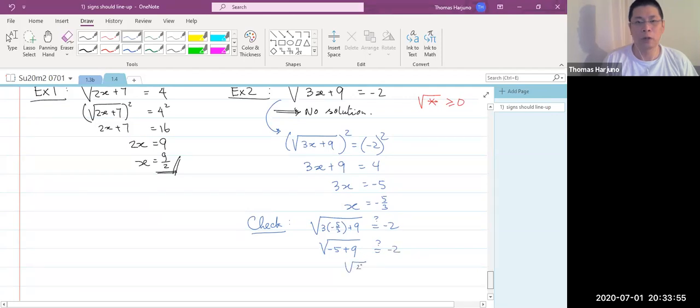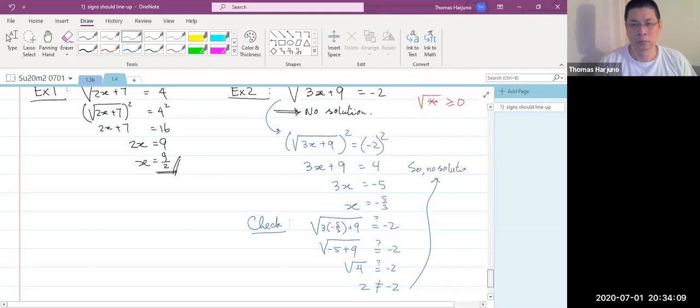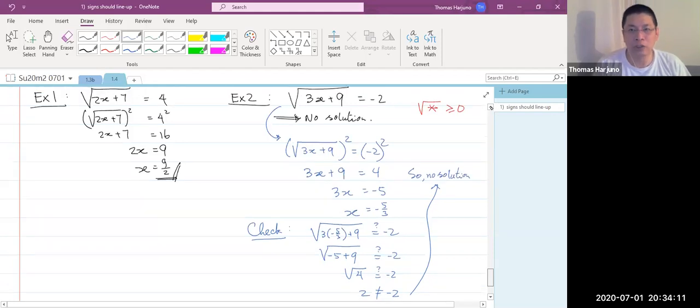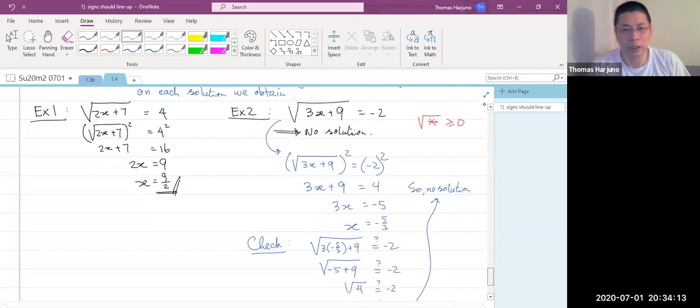Square root of 4, does it equal negative 2? No, it's not. So, no solution. Now, notice that if you don't check, you don't realize the solution negative 5/3 is actually an extraneous solution.